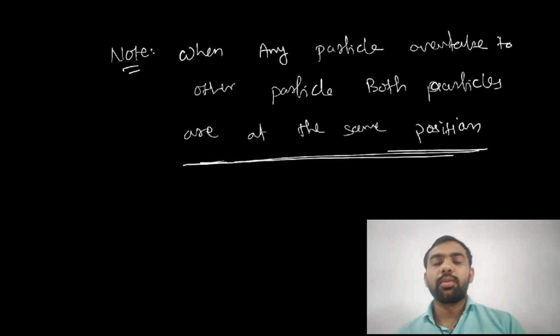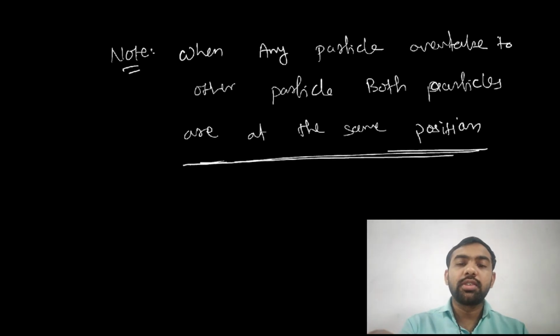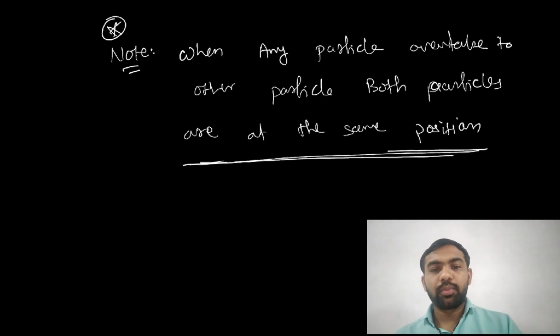So this is the rule. When any particle overtakes the other particle, both the particles are at the same position, otherwise they are not overtaking each other. All of you must note this, quite important note. Okay, note it.